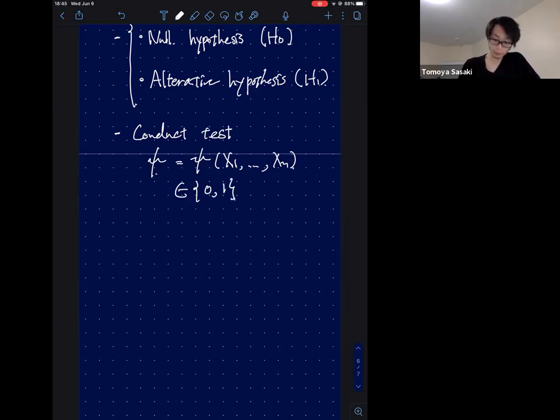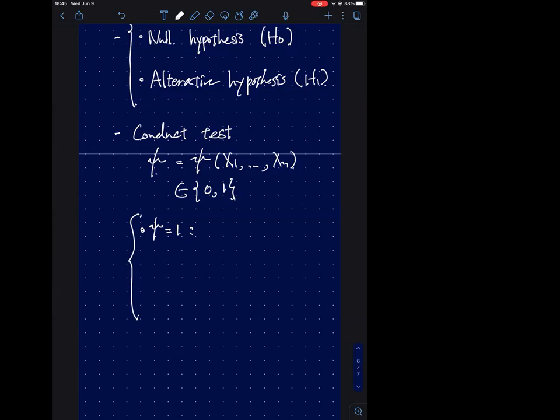And what does it mean if it's 0 or 1? It says, can someone remind me what happens if size is 1? In the lecture? You reject the null hypothesis. Yes, exactly.